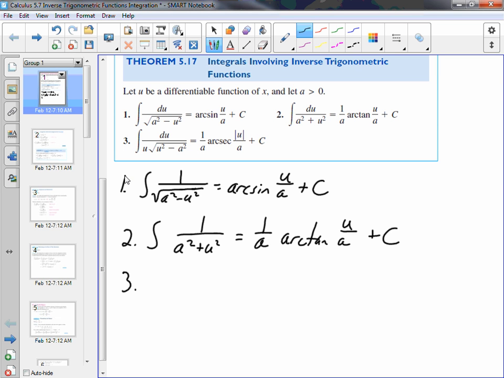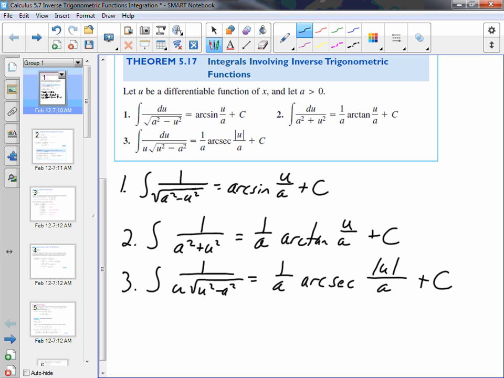And the last one I would have is the integral of 1 over u times the square root of u squared minus a squared equals 1 over a times the arcsecant of the absolute value of u over a plus c. So that's just about as complicated as things can get.